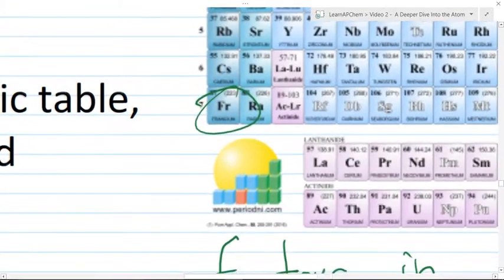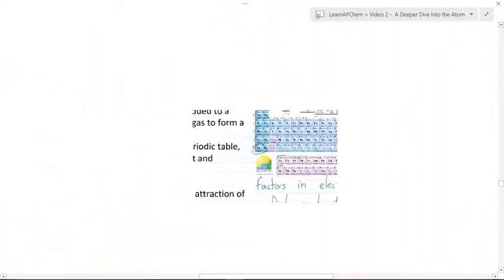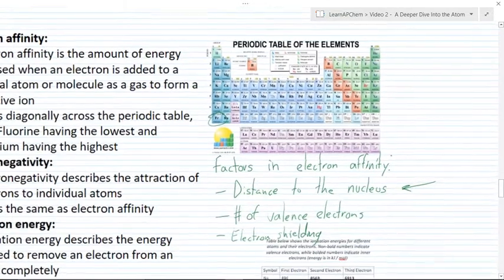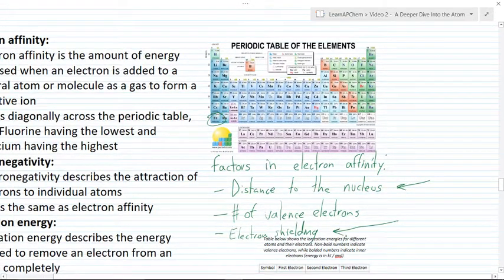Let's see what the atomic number for francium is, 223. So we have a lot of shielding, so 223 for francium, 9 for fluorine. And then number of valence electrons, francium is 1, but it would much rather lose 1 electron than gain 7.